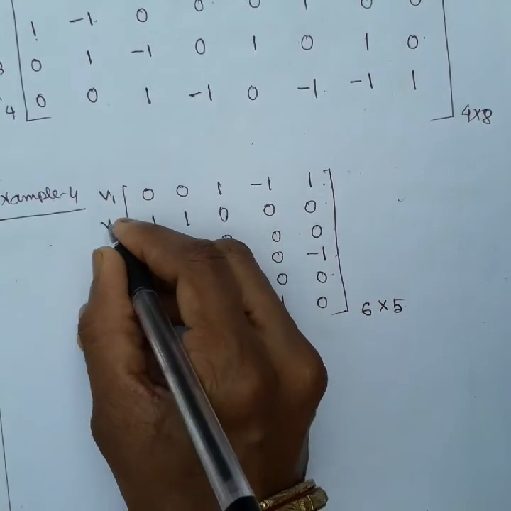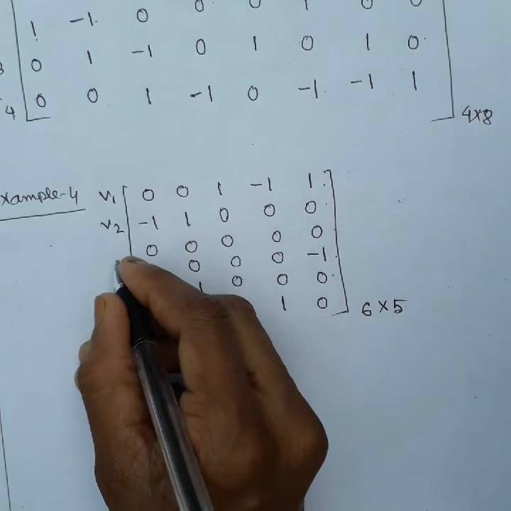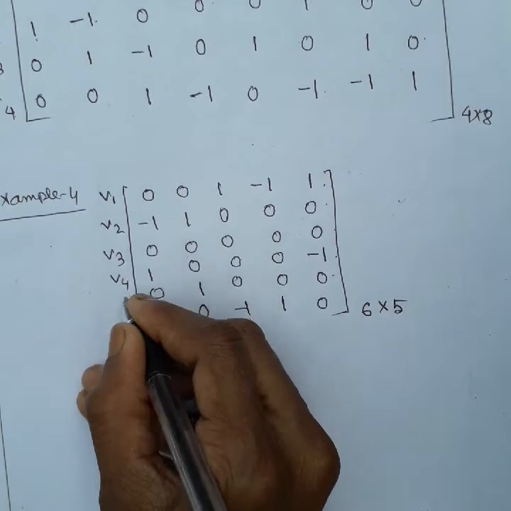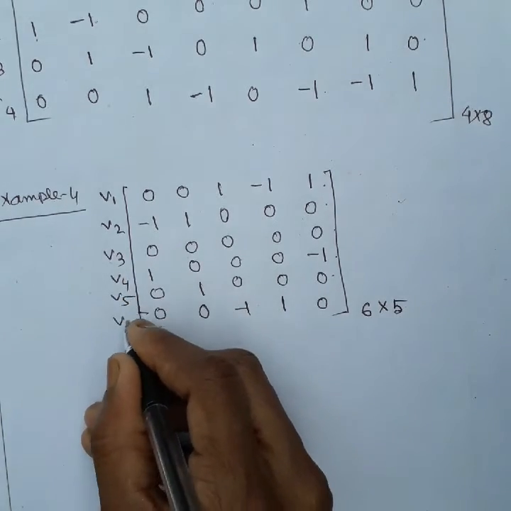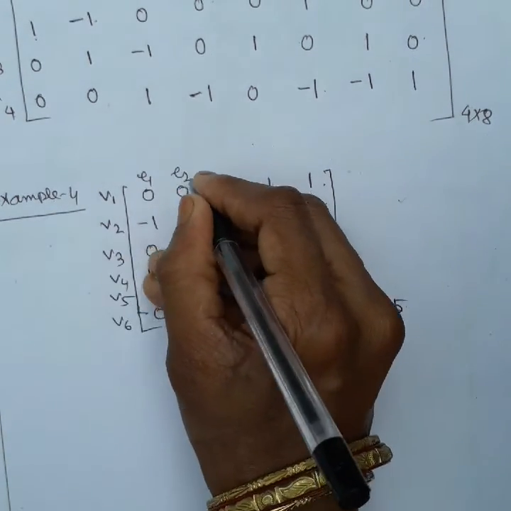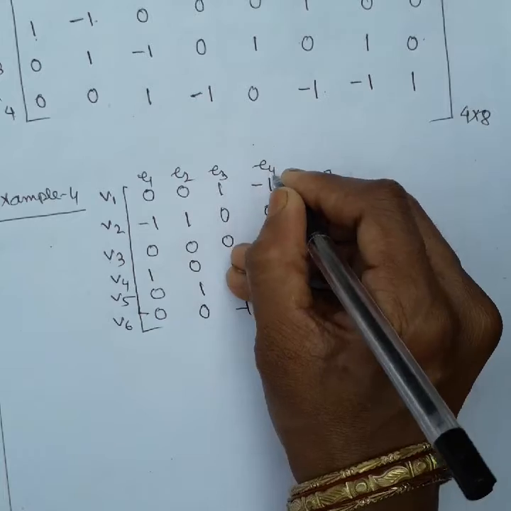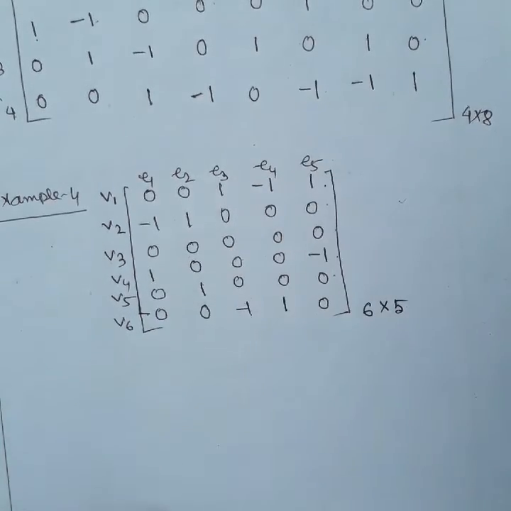So we can write here V1, V2, V3, V4, V5, V6, and E1, E2, E3, E4, E5.